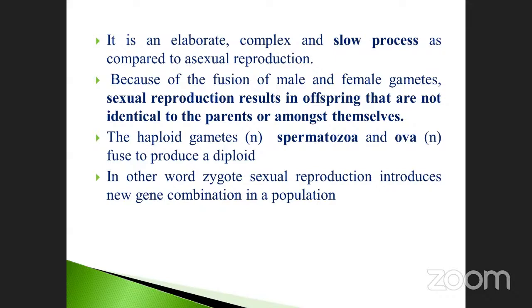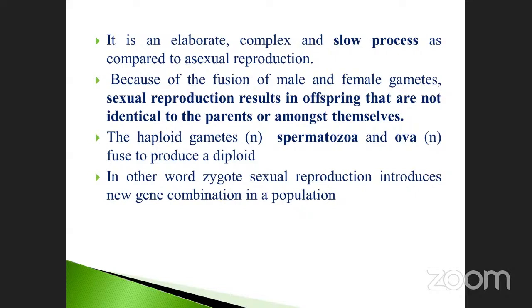The haploid gametes, already told you, male as well as female. The spermatozoa, otherwise called sperm, is the male gamete. And the ovum produces the egg, N. They fuse to produce the diploid zygote.